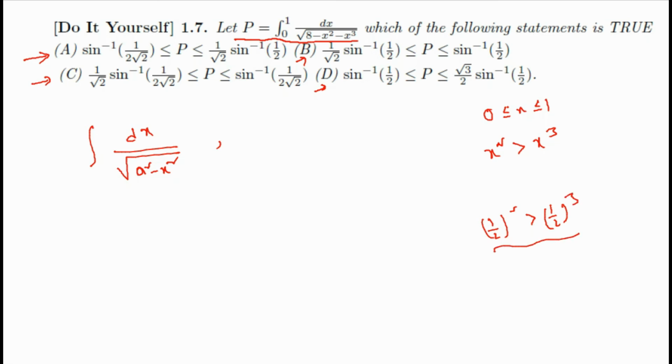Now minus x square is less than minus x cube, and adding 8 to both sides, 8 minus x square is less than 8 minus x cube, and so on.